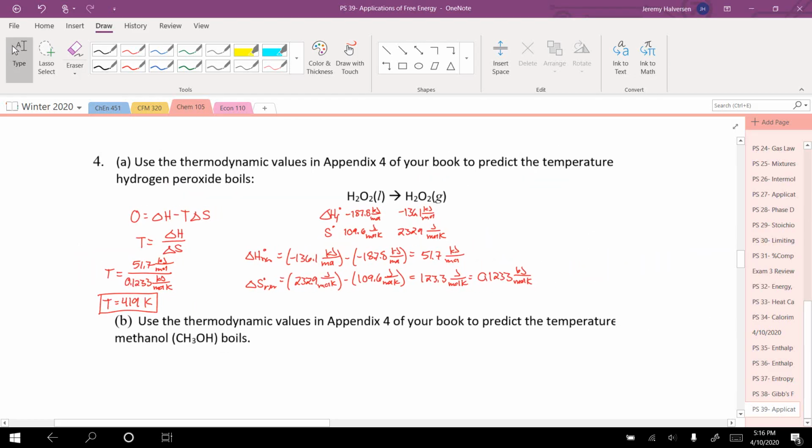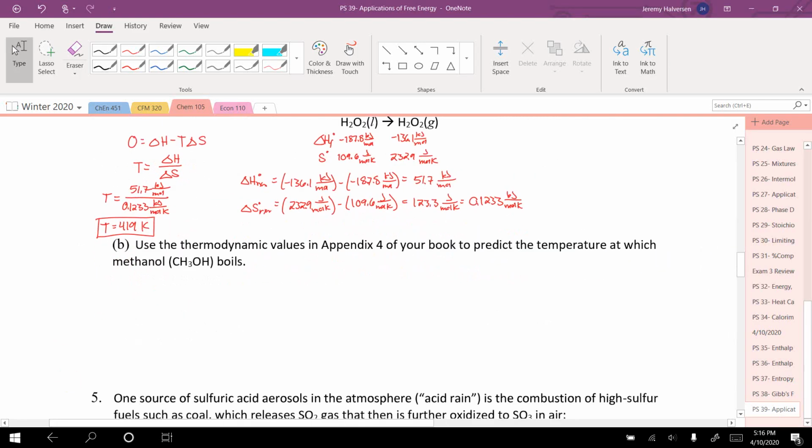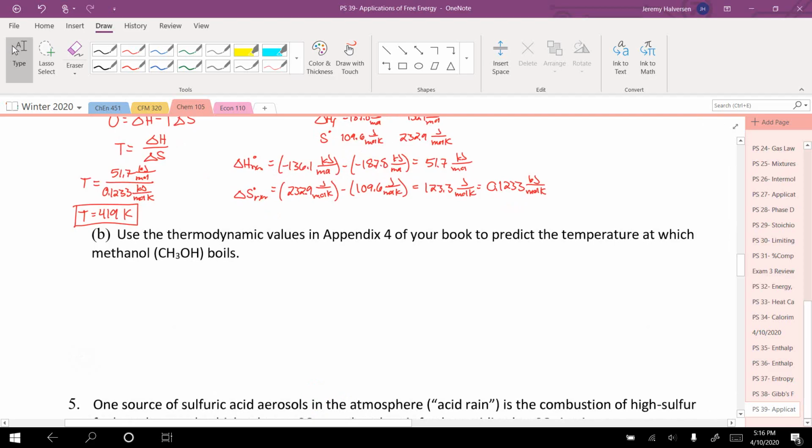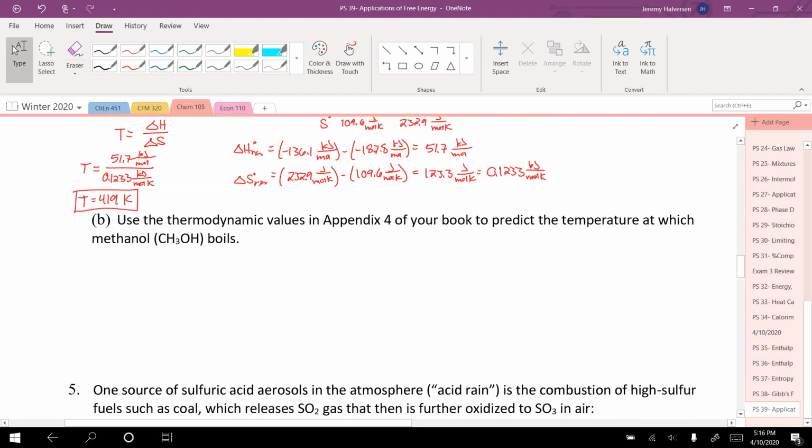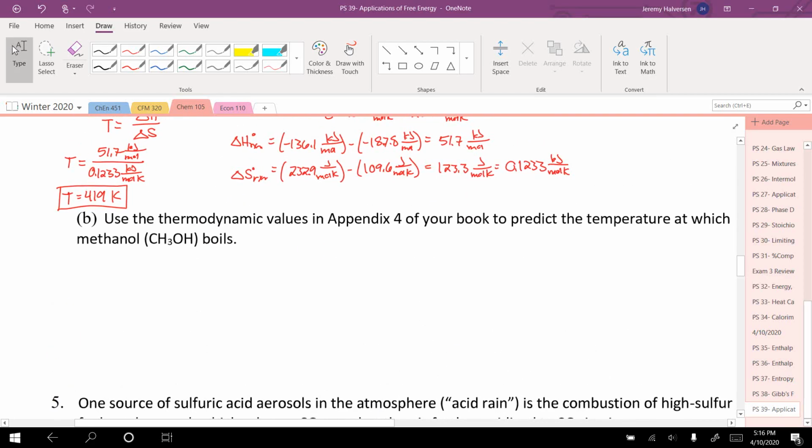Awesome. Now we're going to use thermodynamic values in Appendix 4 to predict the temperature at which methanol boils. So methanol boiling is going to be CH3OH liquid going to CH3OH gas.